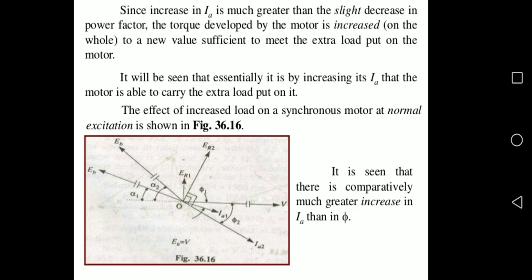So even though the excitation is constant, with an increase in the load, the armature current increases from alpha 1 with a light load condition, that is the load angle. See here in figure 36.16, alpha 2 is the increased load angle from the initial point.